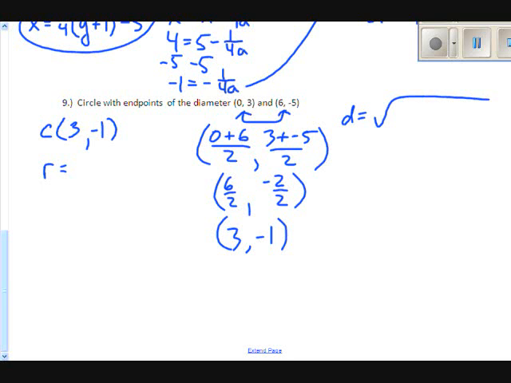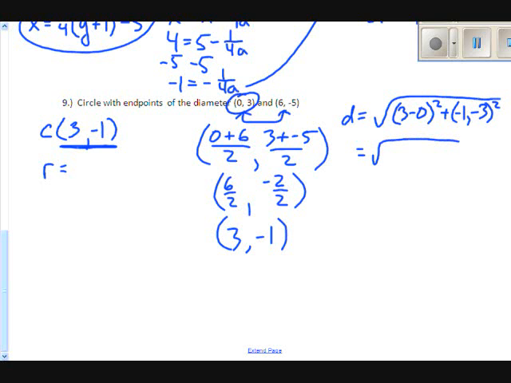I'm going to use one of these points, this point. So I subtract the x values. So I've got 3 minus 0. Again, I'm using my center and my endpoint. So 3 minus 0 squared plus subtract the y values. That's -1 minus 3 squared.